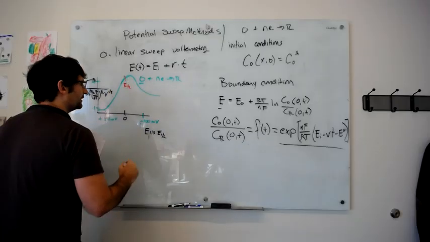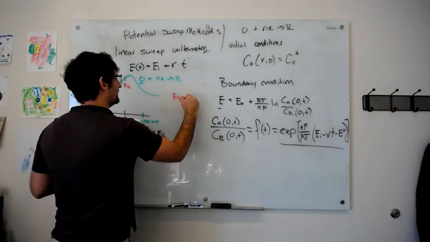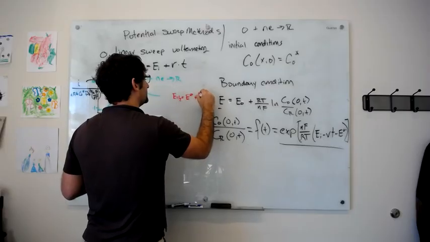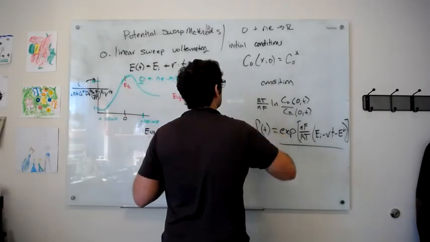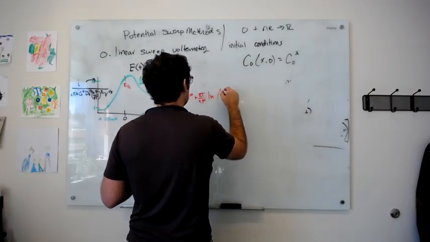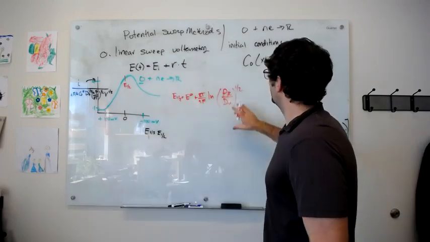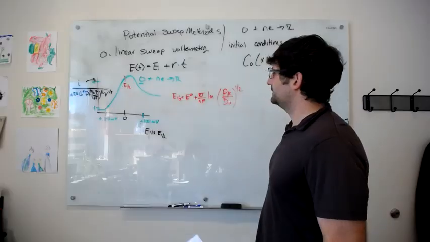And if you remember from chapter 1, E1/2 is defined as E naught plus RT over nF times the natural log of the ratio of the diffusion coefficients. So if the diffusion coefficients are roughly similar, E naught is the standard potential.